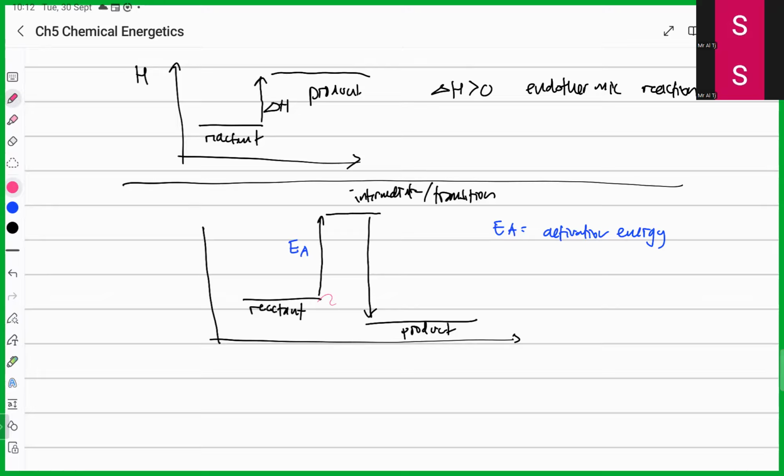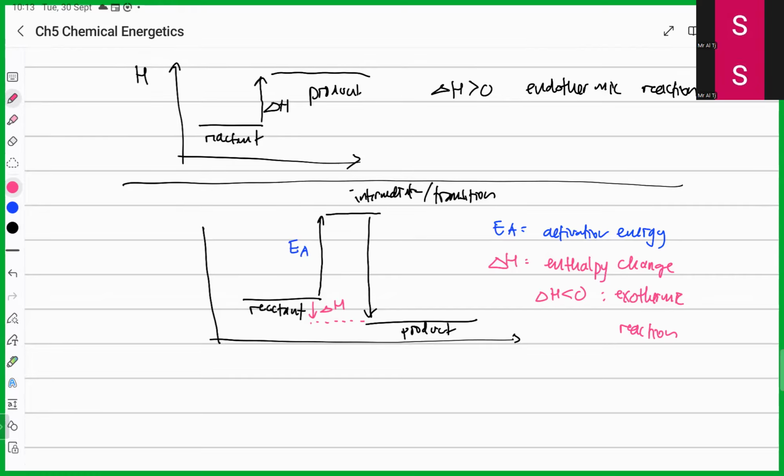In this case, enthalpy change is going down. Because enthalpy change is less than 0, this is an exothermic reaction. This is the detailed reaction pathway diagram for exothermic.